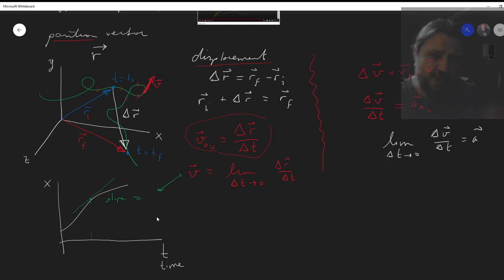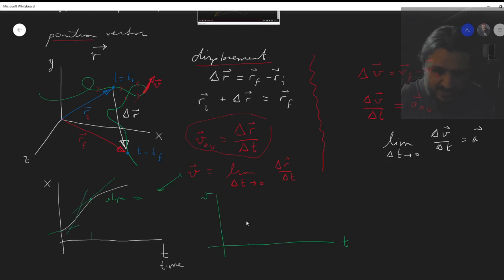Okay, so we know how to go from position to velocity. You just check the slope at every point you can find, and then that'll give you a picture of the velocity. Like in this case, if I plot velocity, when t is 0, I have a slope like this. Okay, maybe over here, but later that slope increases.